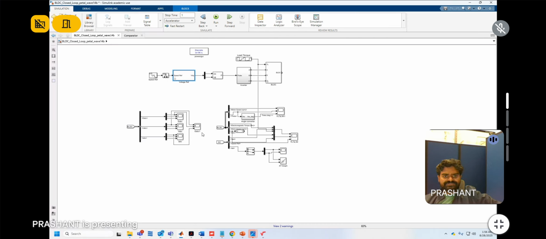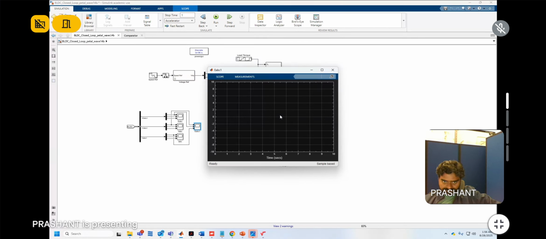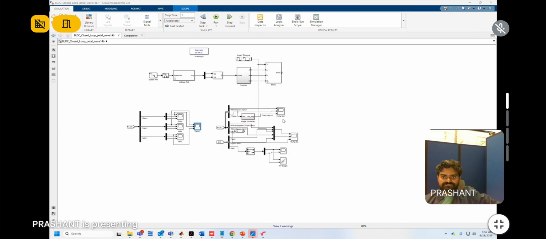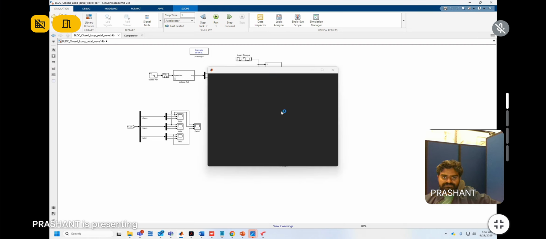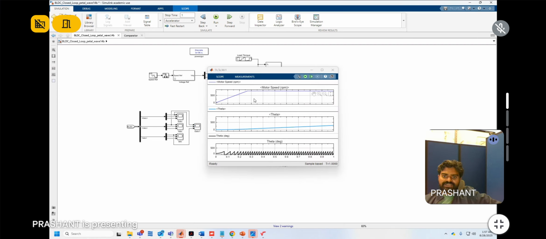Then here we have seen already the stator phase voltage, stator phase back EMF, stator phase currents. This was the motor speed and the theta in radians and in degrees.